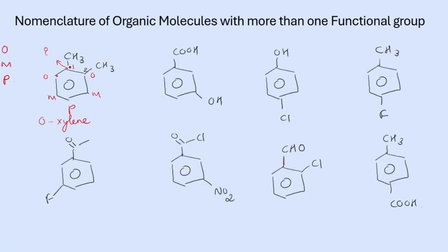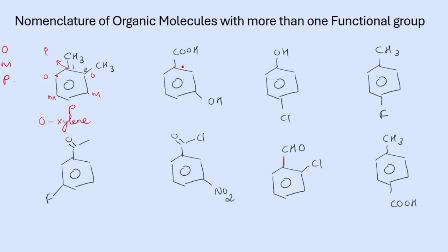Let me repeat this. 1,2-dimethyl benzene. That is the IUPAC name of the orthoxylene molecule. If the methyl is here, metaxylene. If it is here, paraxylene. So xylene is basically dimethyl benzene.